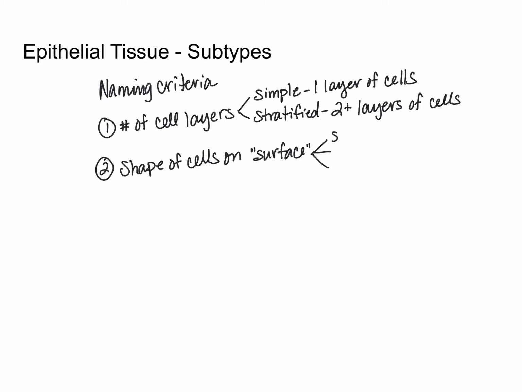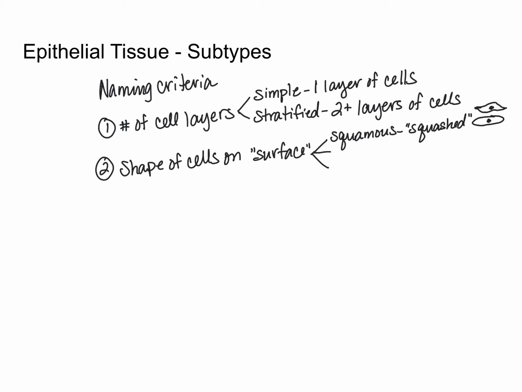So the first type is a squamous cell. And squamous cells, I like to think of them as squashed or squished. So these cells tend to be kind of flattened cells. They might look like a little flattened circle, or they might even take a kind of flat shape like that. And so these are the squamous cells, and then the nucleus would be kind of inside the cell like that.